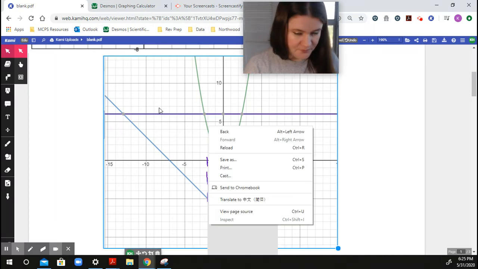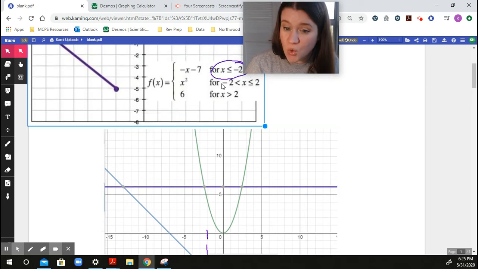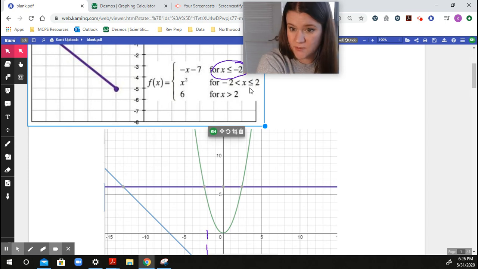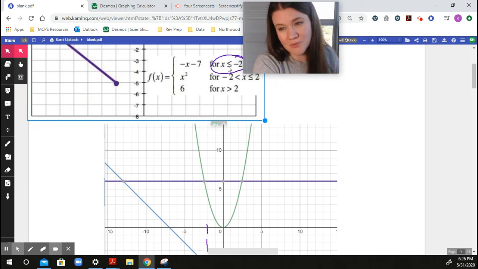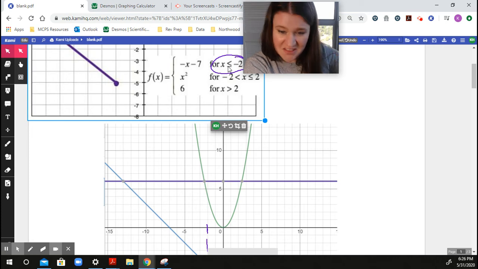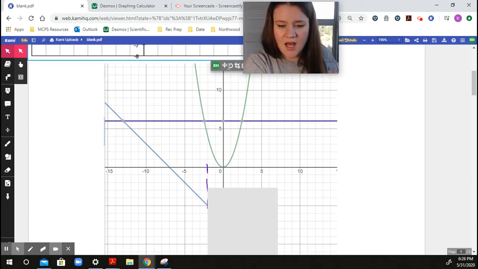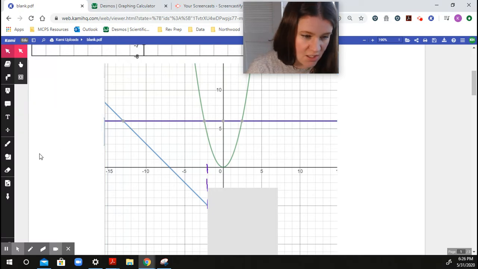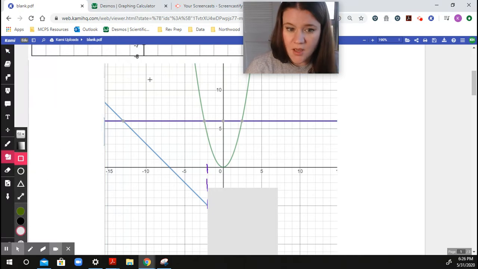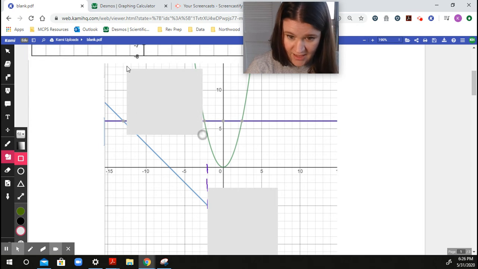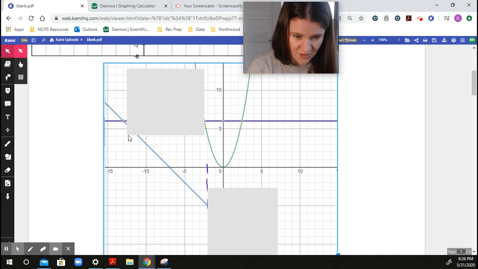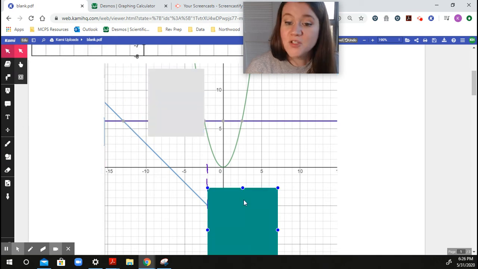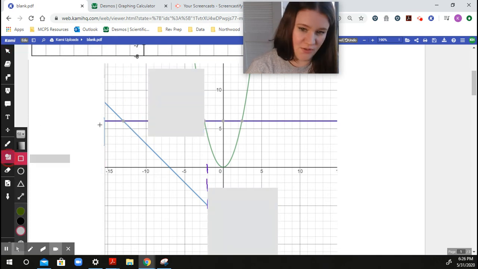My next bit is between -2 and +2, right? And the equal to, we're going to get a little bit more into that, but there's a reason that equal to is important. This one, my green graph, my quadratic here, only exists between -2 and +2, right?